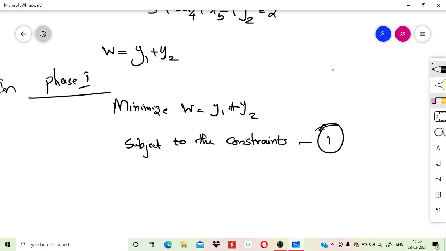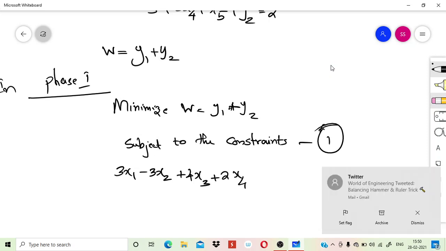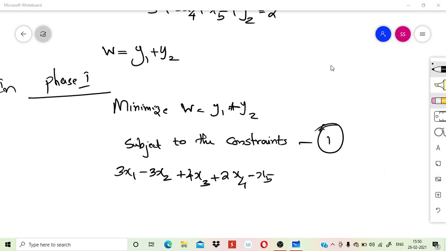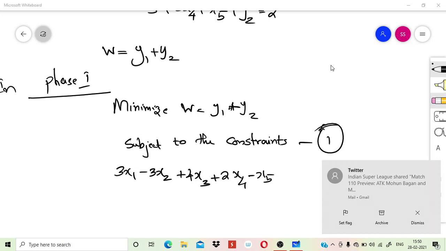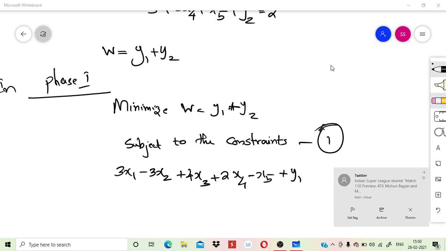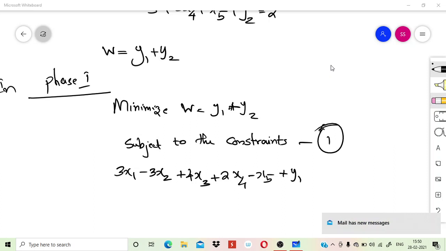We have 3x1 minus 3x2 plus 4x3 plus 2x4 minus x5 plus y1 equal to 0.